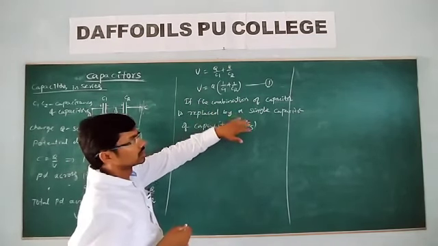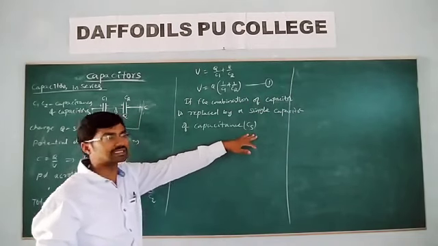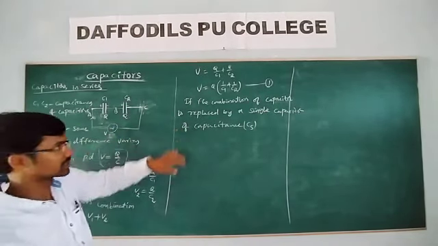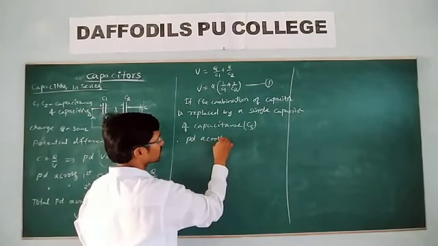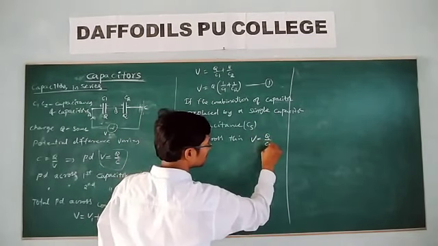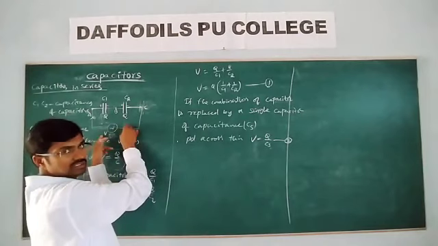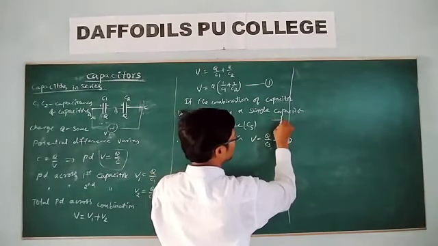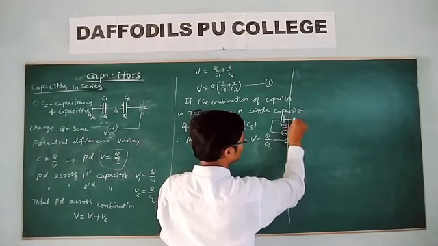A single capacitor which has the same effect as the combination is called the equivalent capacitance. Therefore the potential difference across this combination V is equal to Q by Cs. The total potential is the same as the supply potential. Therefore, let us take it as Cs, and V is what?